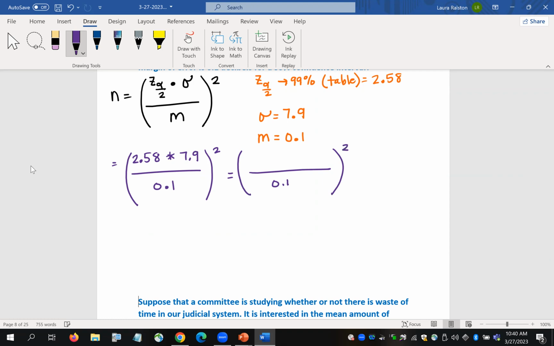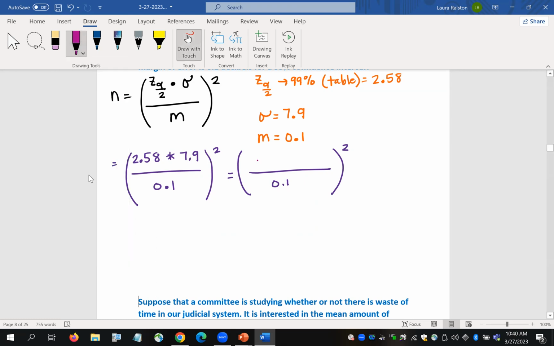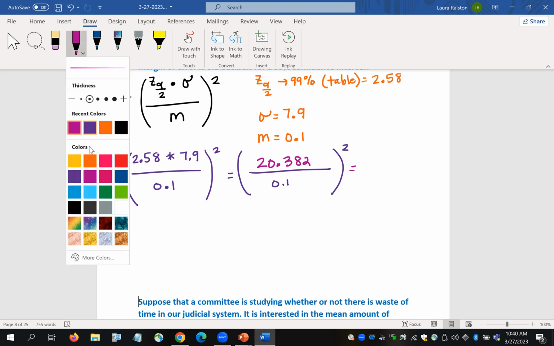We need to do the parentheses first, and within the parentheses you do the multiplication. So I have 2.58 times 7.9, which gives me 20.382.